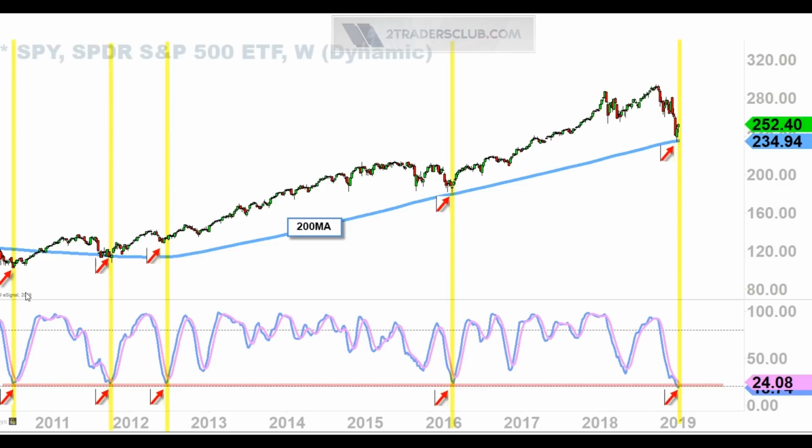So let me dissect it a little bit. Here you can see we saw about 20% corrections in 2011, and that's when we were retesting that moving average, coinciding with the oscillator hitting the extreme low.